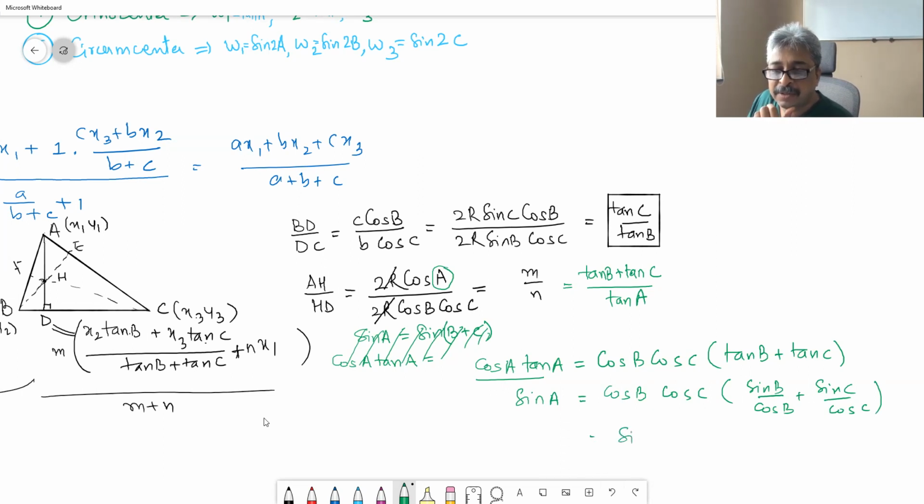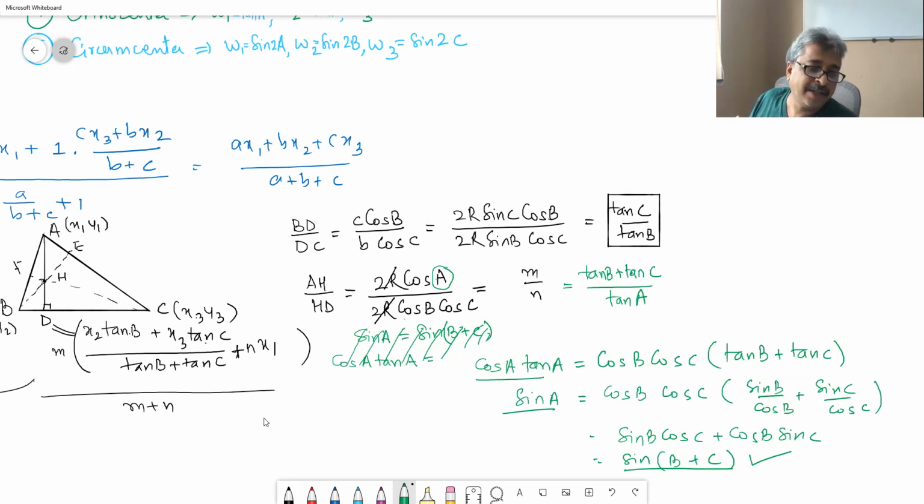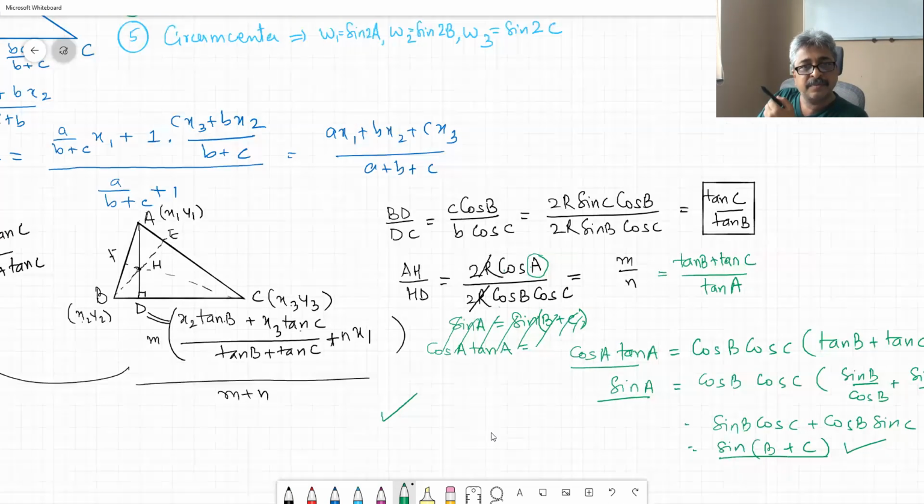Sin B cos C plus cos B sin C, which is sin B plus C. Is this true? Sin A is equal to sin B plus C? Yes, it is true. Therefore cos A upon cos B cos C is equal to tan B plus tan C upon tan A, and therefore our orthocenter is done. Good. Weightage is tan A, tan B, tan C.